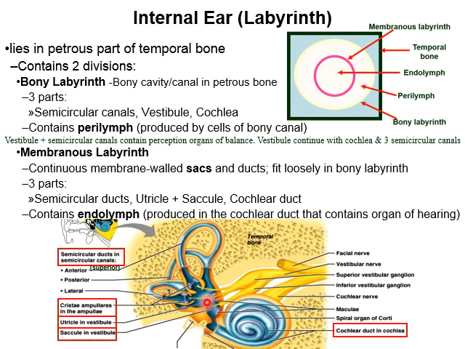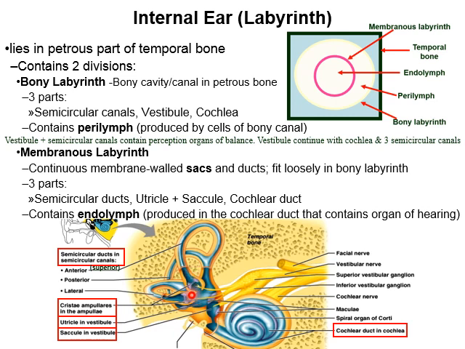So again, let's repeat the bony labyrinth. The bony labyrinth is made by the semicircular canals, the vestibule, and the cochlea. The vestibule and the semicircular canals contain the organs that receive the impulses for balance or equilibrium.